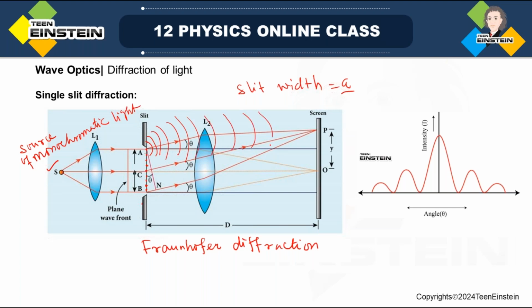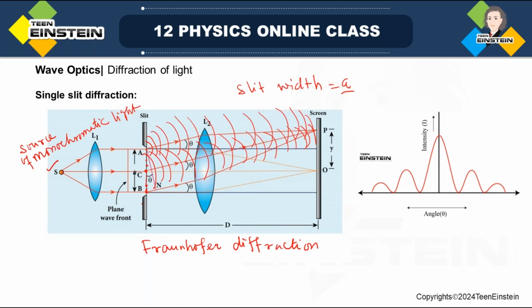Secondary wavelets will be produced like this, from this particular point. Suppose from this particular secondary source there will be wavelets like this, and then they will interfere. In this case, the secondary wavelets from the same wavefront are interfering to give rise to the diffraction pattern.